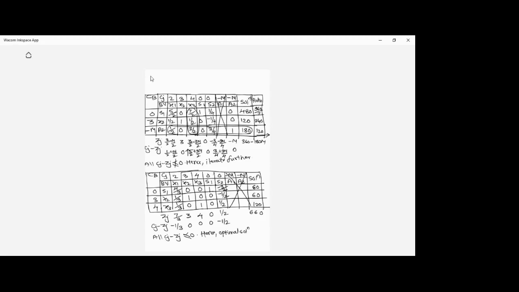So here we can write x1 is equal to 0, x2 is equal to 60, and x3 is equal to 120, and z max is equal to 660. So this is the final answer for our numerical, right?